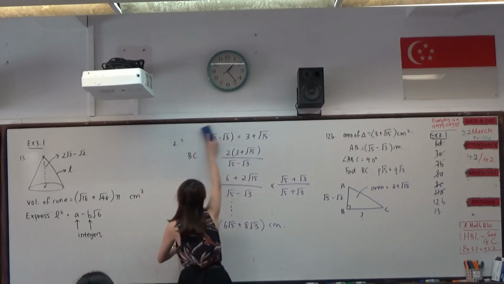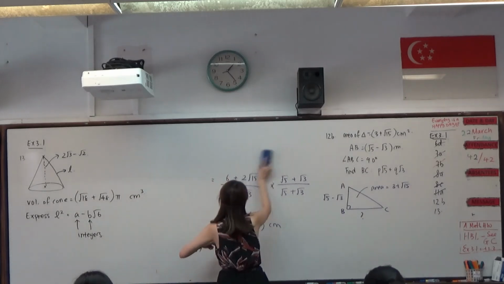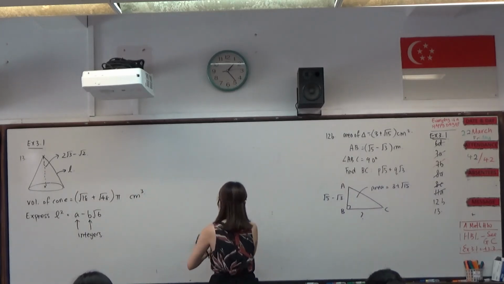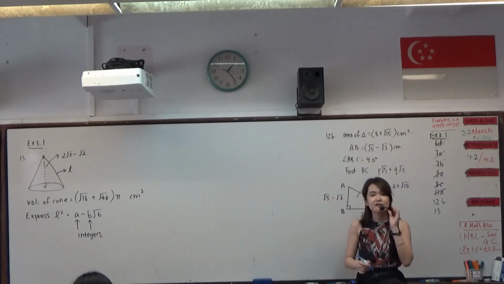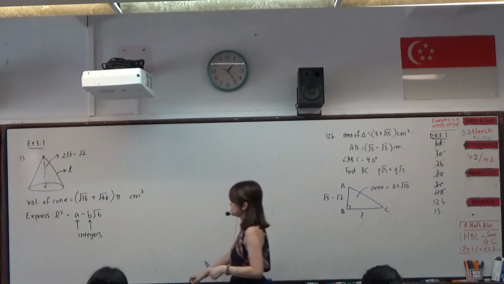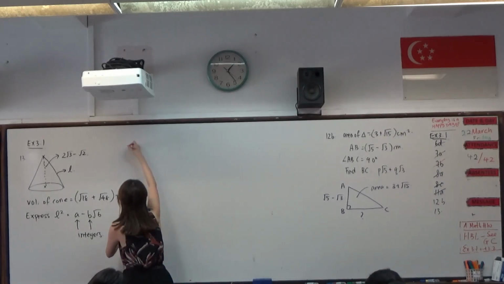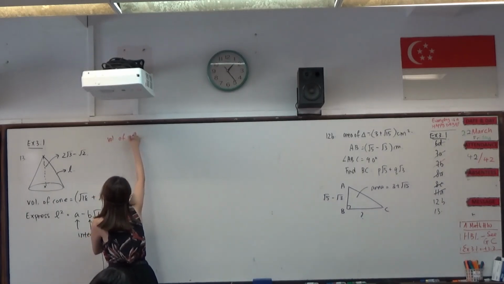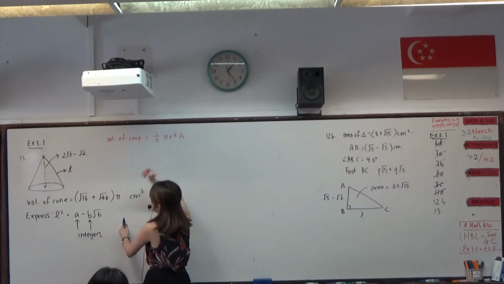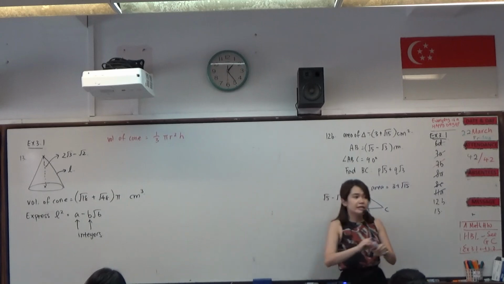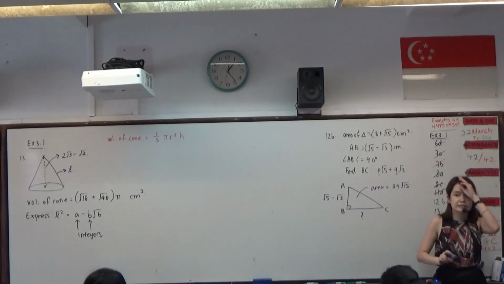Right? So how to solve this question? There are many layers to it. First of all, what's the formula for volume of cone? 1/3 pi r squared height, right? In this question, is the radius given to us?